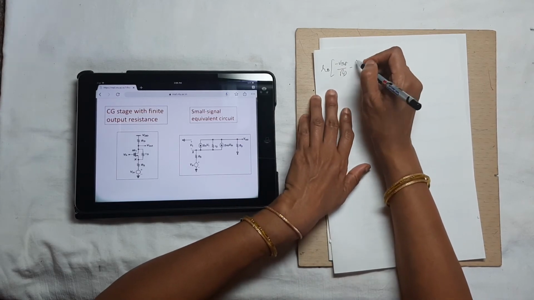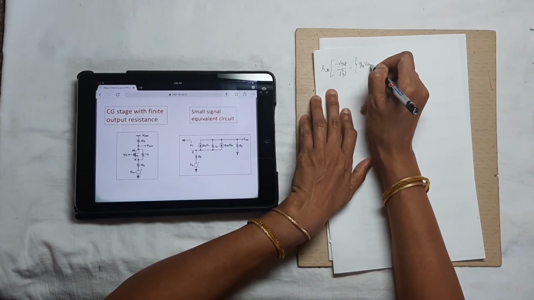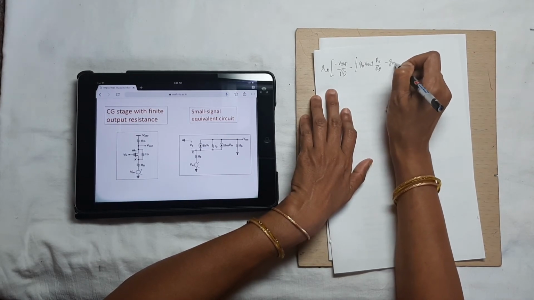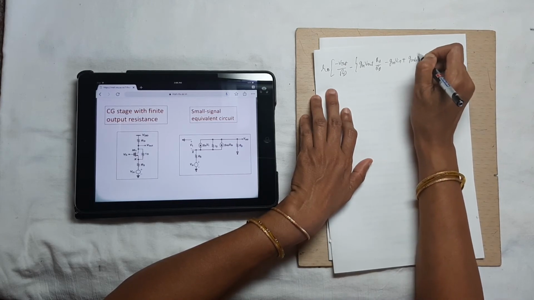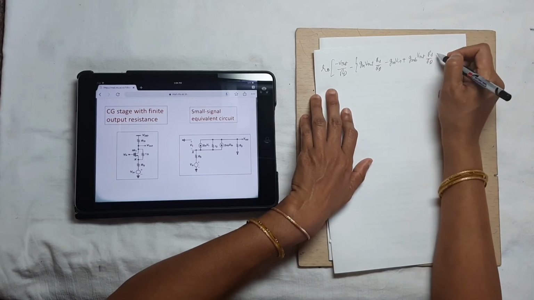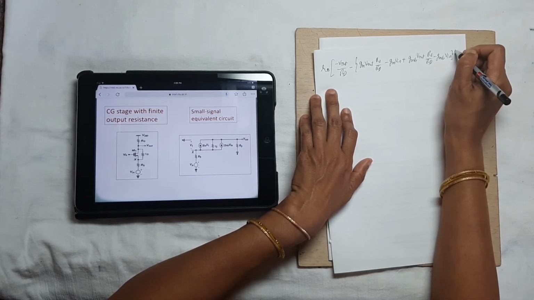Minus GM V out RS by RD minus GM into V in plus GMB V out RS by RD minus GMB into V in.